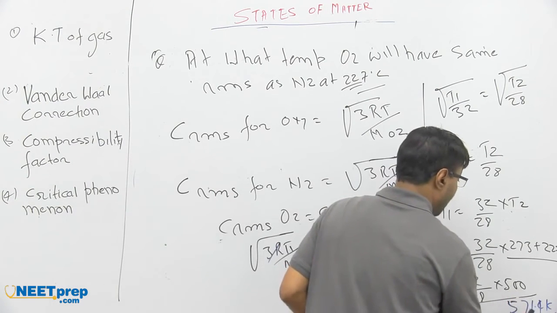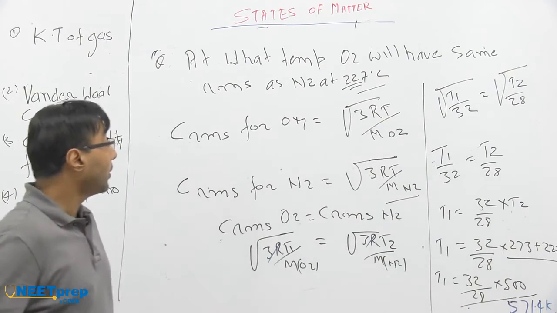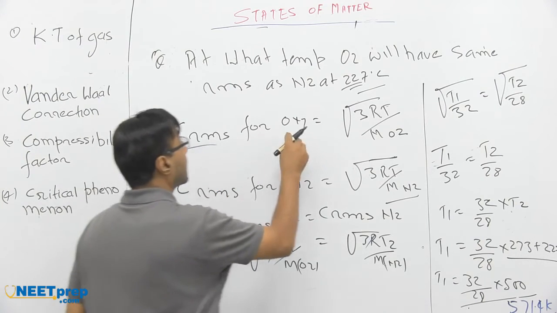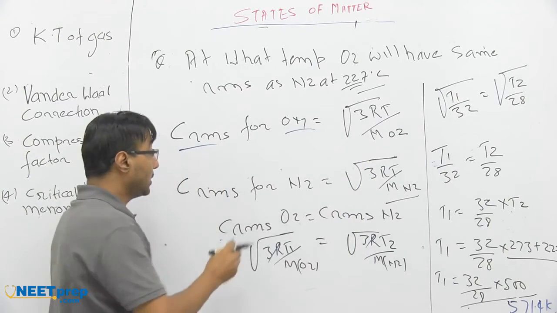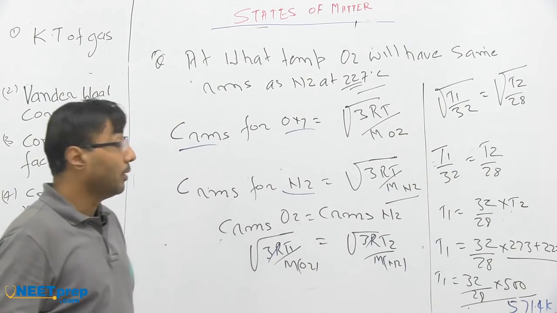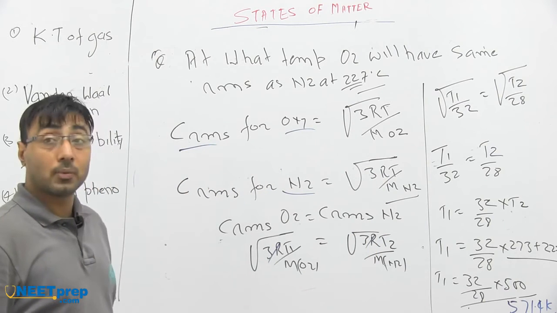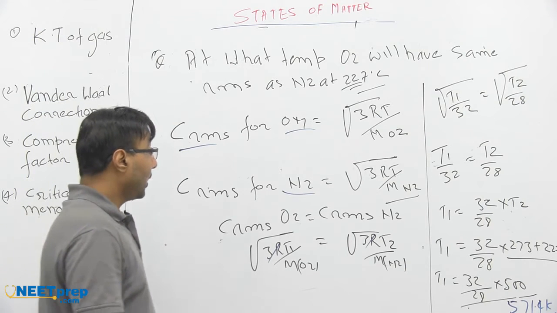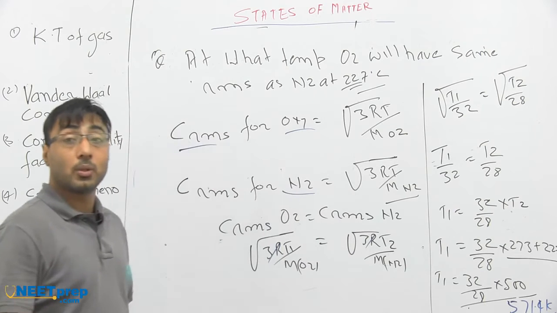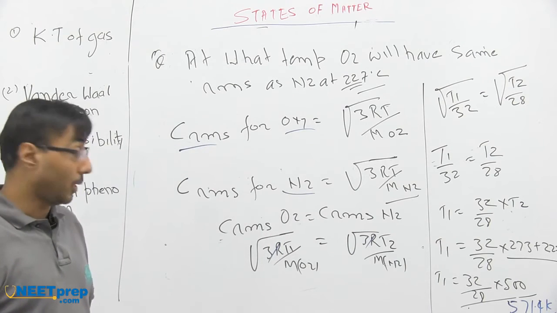Again, see how we solved. They have given C RMS for oxygen. C RMS for oxygen is equal to this value. C RMS for nitrogen, again the same formula, 3RT by the molecular mass of nitrogen. According to the equation, these two velocities are the same.